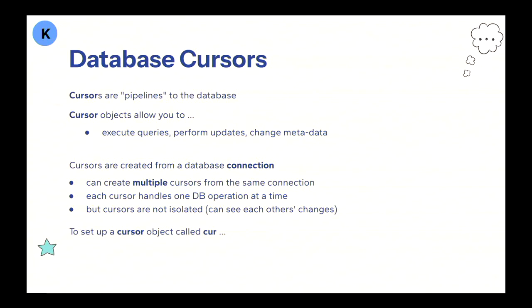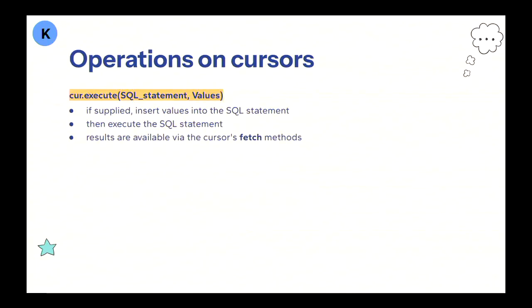And this is the syntax for creating a cursor object. It's quite straightforward. We don't need any arguments for this function. And here are some basic operations that we could use with a cursor. The first one is that we can execute any SQL statement with a cursor.